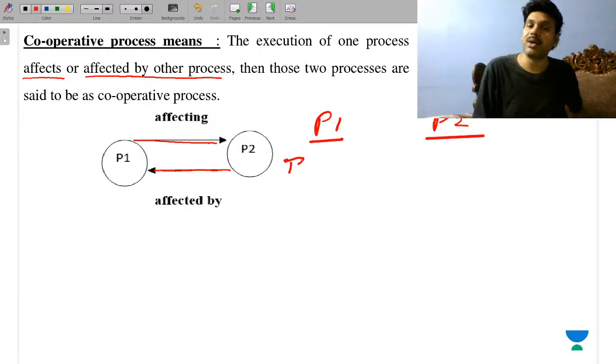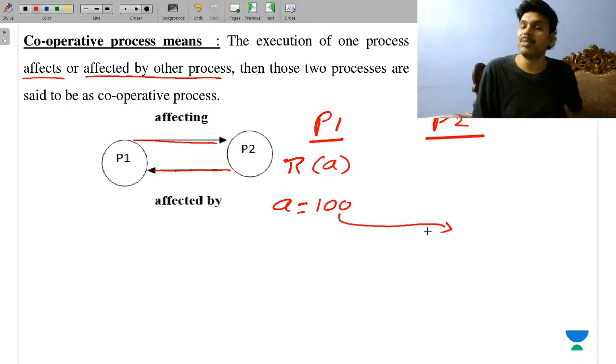There is a read of A. I performed the value of A as 200, so immediately I am suspending. As soon as P1 is in suspend mode, P2 accesses it, says A is equal to some number, and does write of A. Therefore, this A value becomes 200.